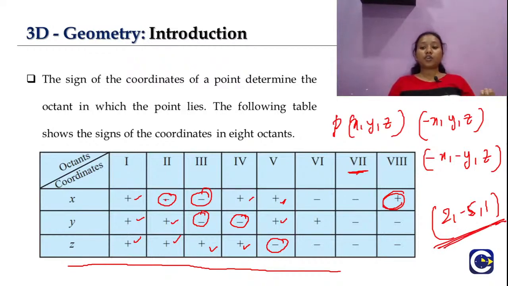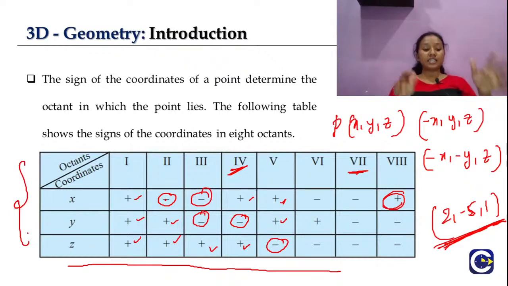Instead, they are going to ask you in which octant the point lies. So which octant will it be lying in? It will be lying in fourth octant. So in order to get that, you should be aware of all these signs of the coordinates in each of these 8 octants here.